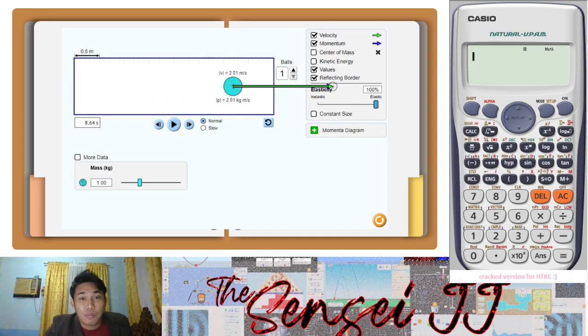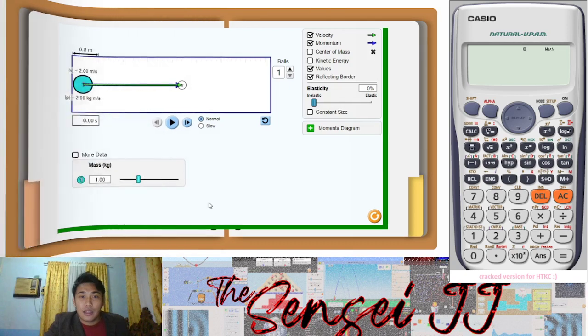As you can see, the momentum of our increased velocity to 2 meters per second and our mass of 2 kilograms a while ago, we will both be having the same momentum, which is 2 kilogram meter per second.